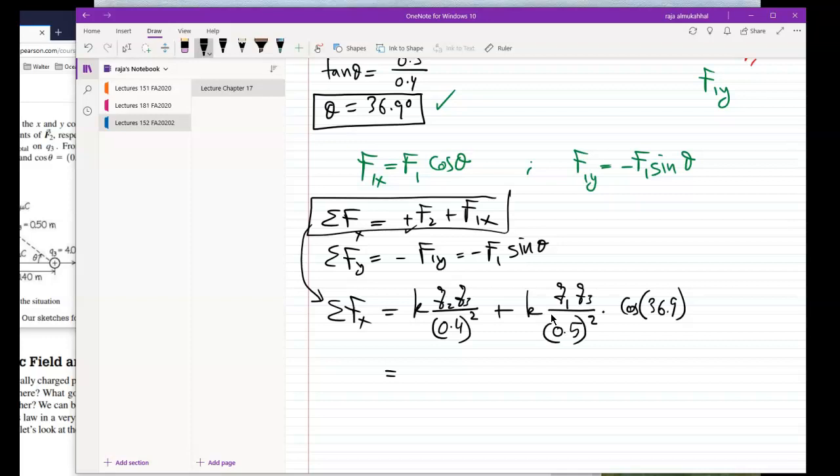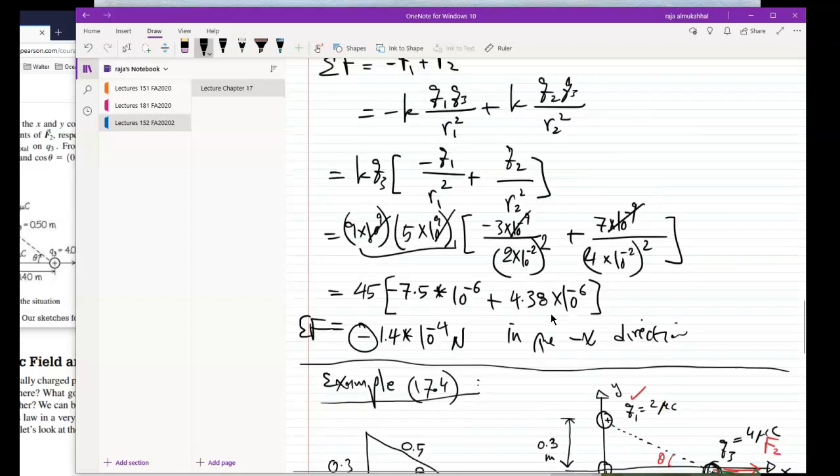So you're going to go 9 times 10 to the 9. Q2 is in the micro.